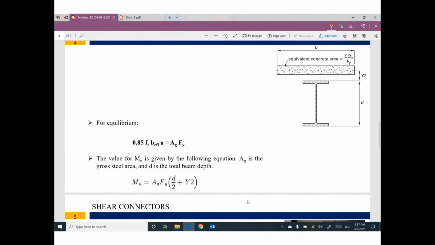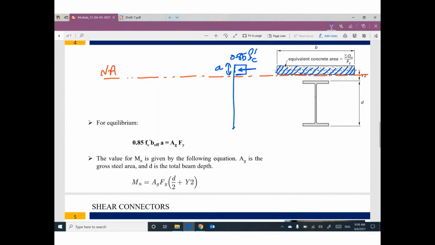The best scenario is that the neutral axis will be within the concrete slab. So this part of concrete will be under compression, 0.85 f'c at depth a, and the depth of the neutral axis is c.